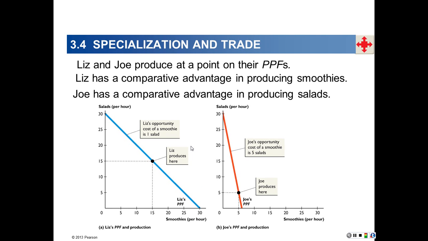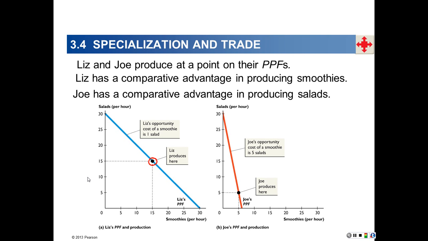And let's just assume that Liz produces at that point shown right here. In other words, Liz chooses to divide her time equally between smoothies and salads. She makes, in other words, 15 smoothies and 15 salads. She devotes half an hour of her 1 hour to one good and half an hour to the other.